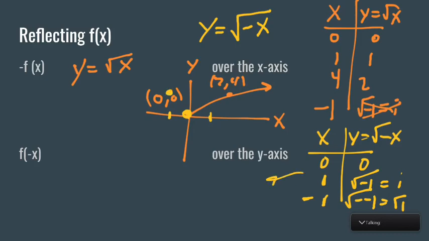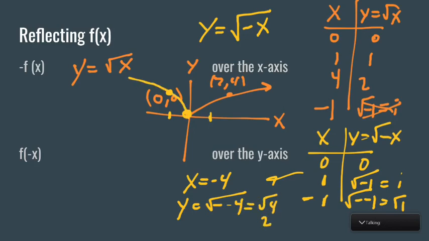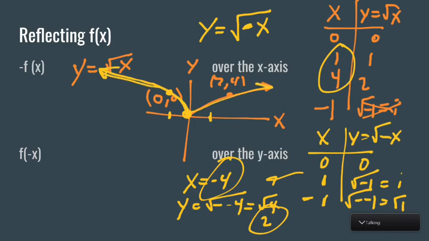If I plug in negative 4 for x, y is equal to the square root of negative negative 4, double negative, the square root of 4, which is a positive 2. So I have the point (negative 4, positive 2). By putting a negative in front of x, it's like you're taking all these points and negating them, and thus it's going to reflect your graph over the y-axis.